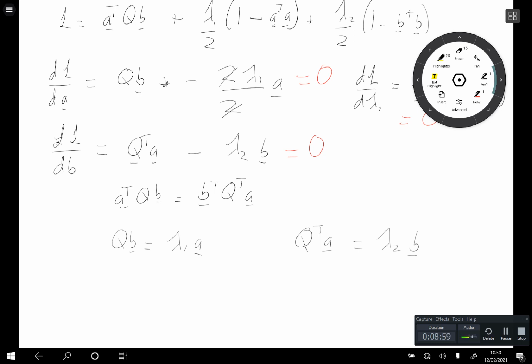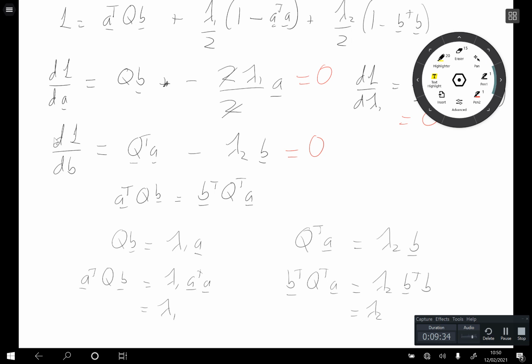So let's left multiply this first equation by A transpose. That gives us that A transposed QB is lambda 1 A transposed A, which is lambda 1. Now let's multiply the second equation on the left by B transposed, so we get B transposed Q transposed A equals lambda 2 B transposed B. That is 1, so this is lambda 2.